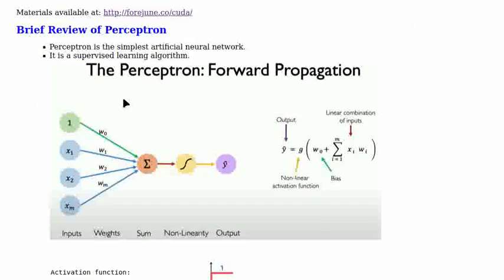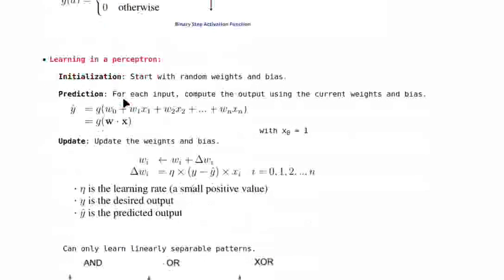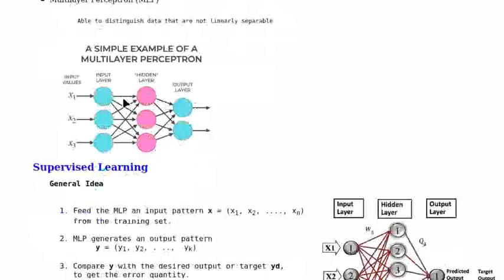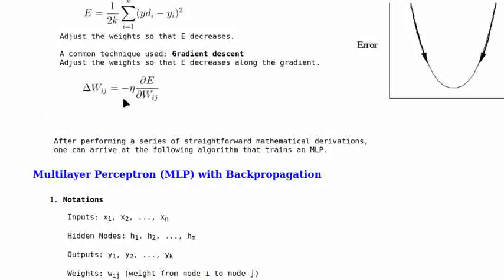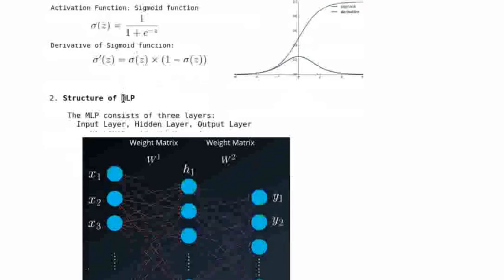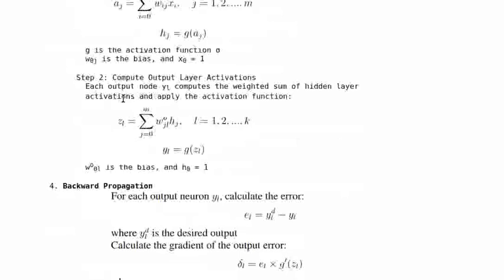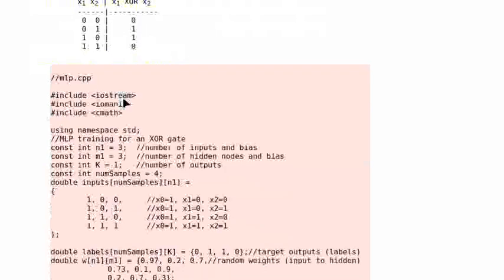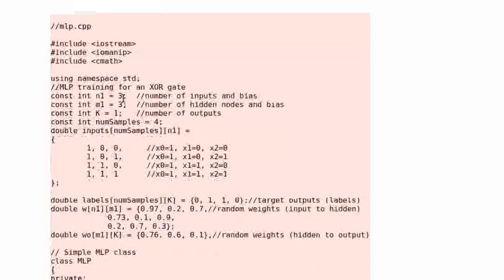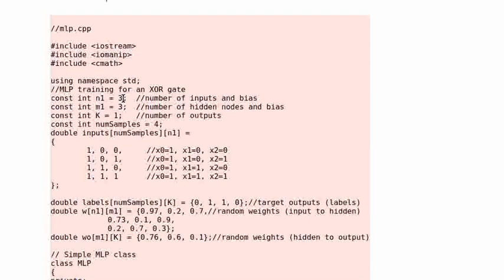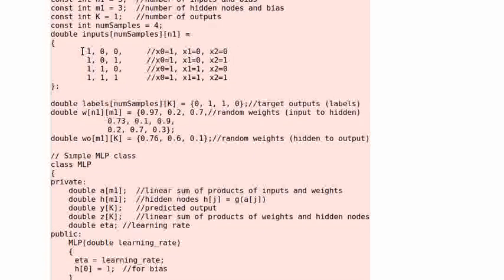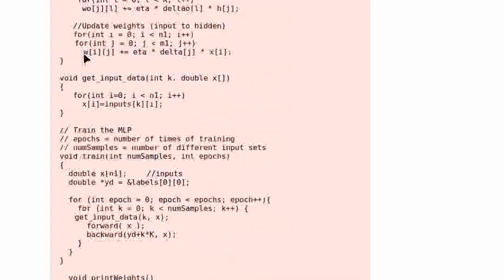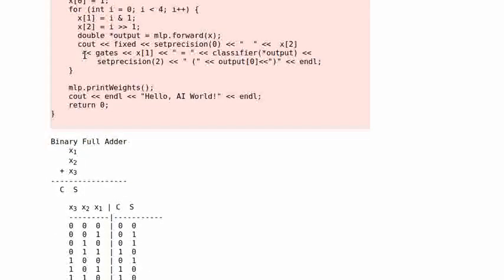In that video, we discussed the principles of a multilayer perceptron and its implementation in C++. But the implementation only involves one hidden layer. So here in this video, we try to generalize this to many hidden layers.